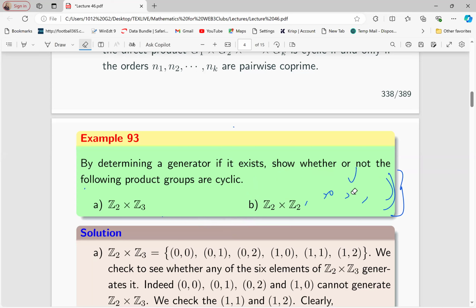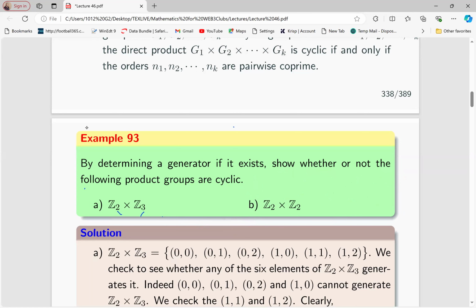I'm emphasizing that for those who are new again: relatively prime means the GCD is 1. Now, 2 and 3 are relatively prime. So this group is cyclic. So the question is, what are the generators? Of course, the easiest generator for an additive group is just 1, 1. That is the easiest generator.